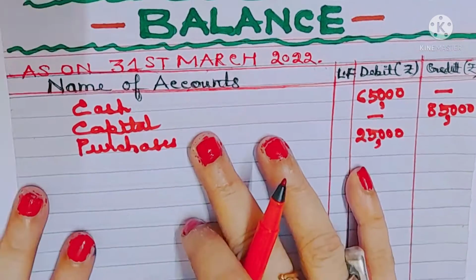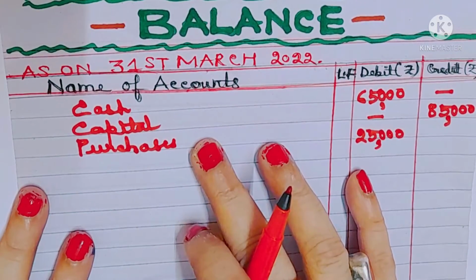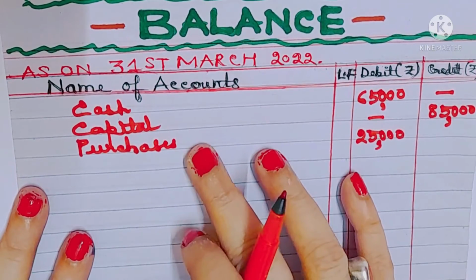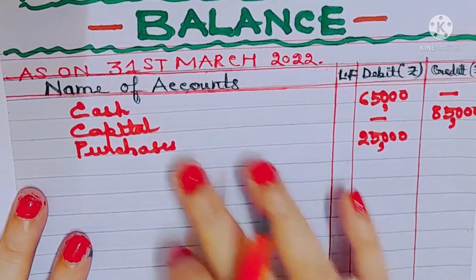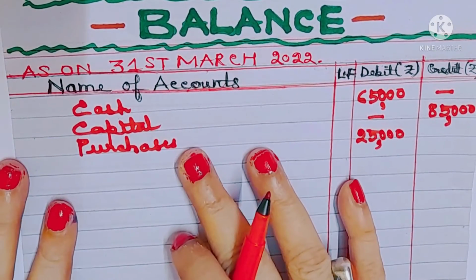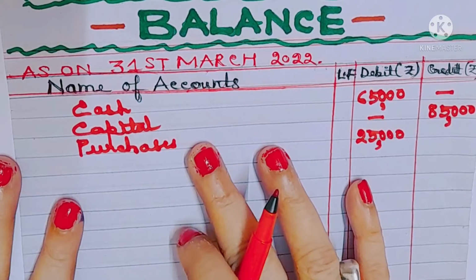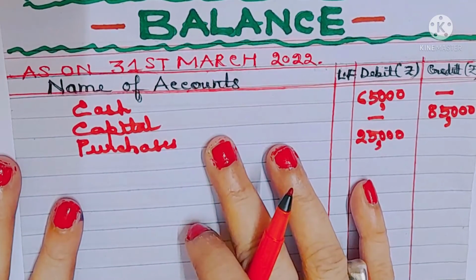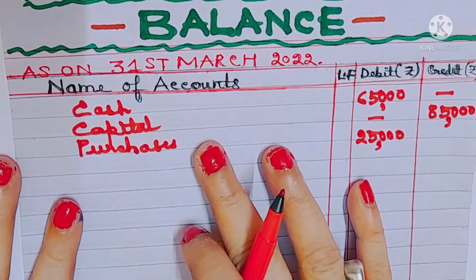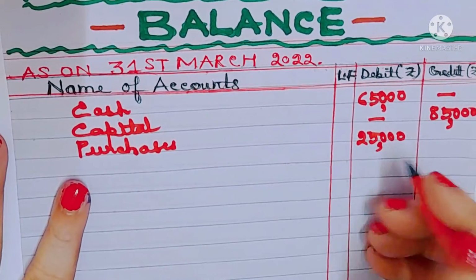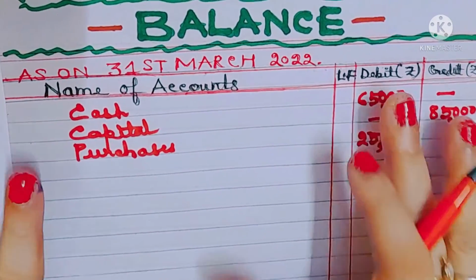According to real account, what comes in is debit. When goods are purchased, goods come into the business. So purchases account will be debited. According to nominal account, when goods are purchased, cash goes out. So purchases is an expense for the business. Because according to nominal account, all losses and expenses are debit. So purchases account will be debited.